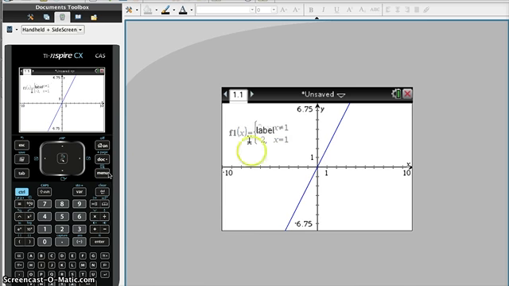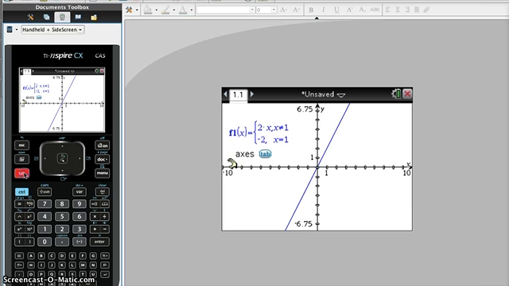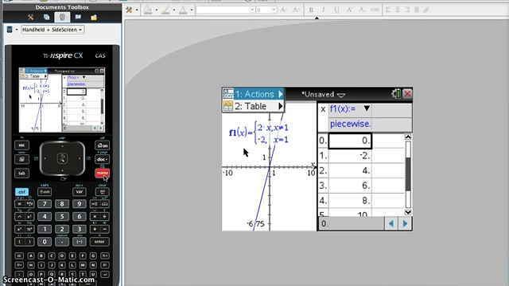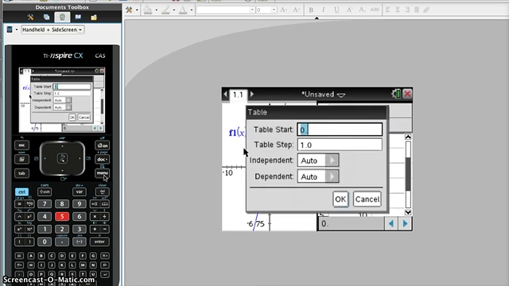Let's open our table and enter our values. Remember Control T or Menu, Table. To change our settings so we can enter our x values, remember the key functions are Menu, Table, Edit Table Settings. We want to change the independent to Ask.